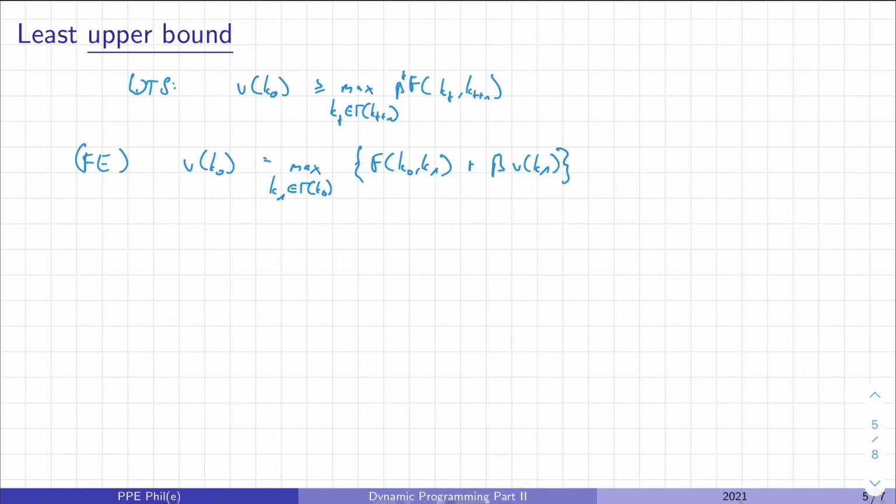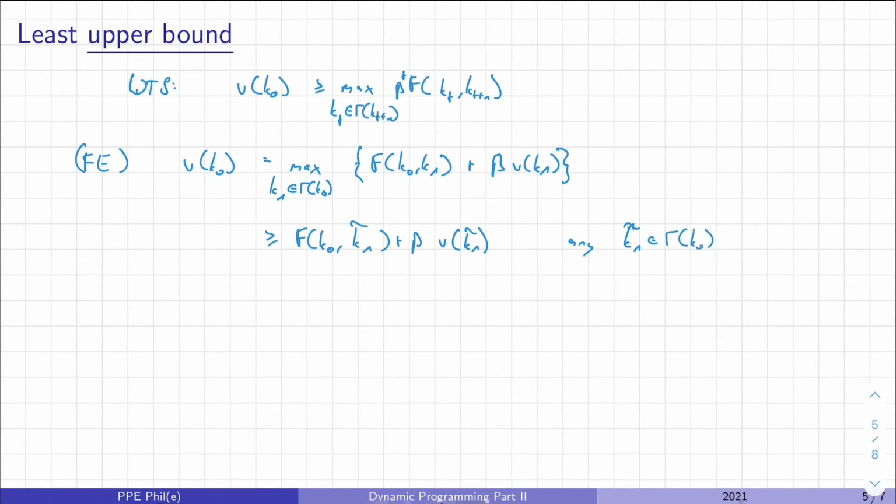But since it's maximized, we know that this must be weakly larger than the functional equation for any feasible k1, for any choice which is feasible.